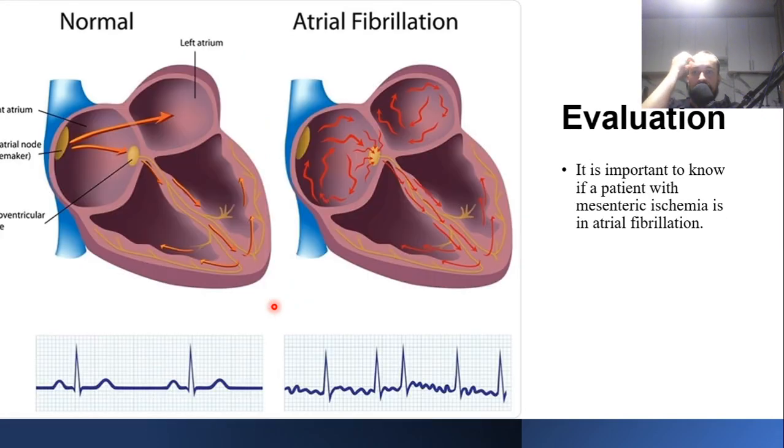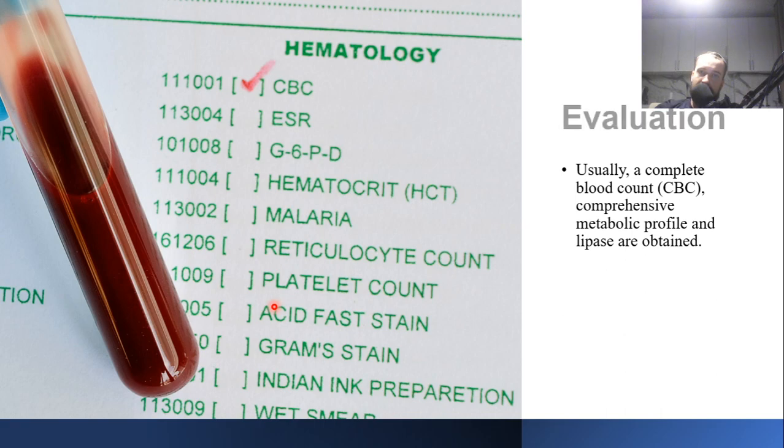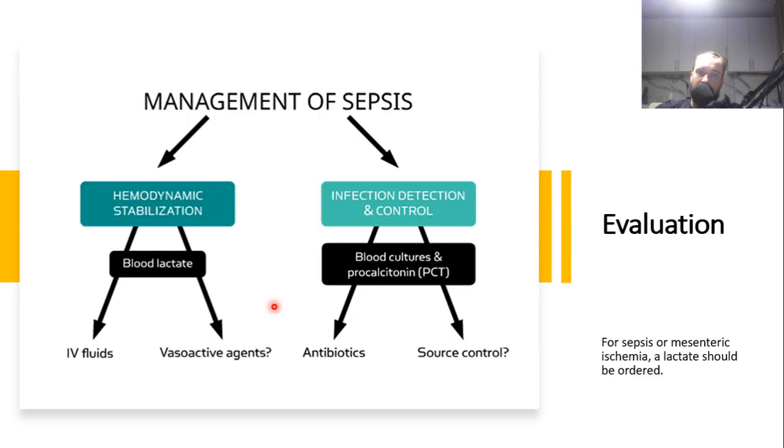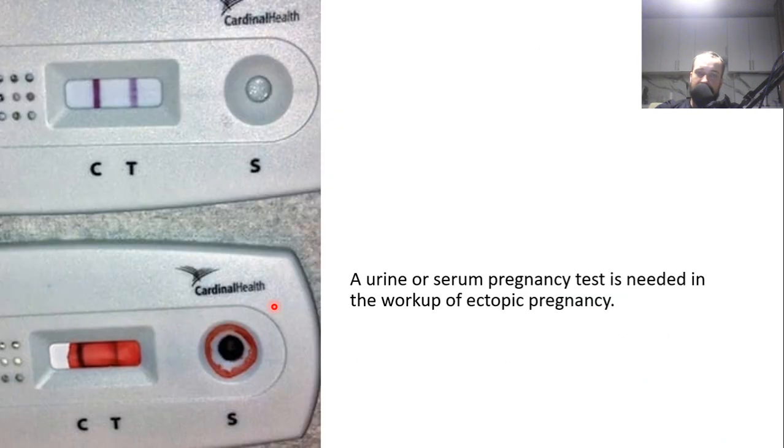It is important to know if a patient with mesenteric ischemia is in atrial fibrillation. Usually, a complete blood count, comprehensive metabolic profile, and lipase are obtained. For sepsis or mesenteric ischemia, a lactate should be ordered. A urine or serum pregnancy test is needed in the workup of ectopic pregnancy.